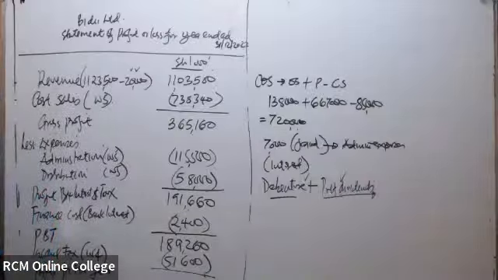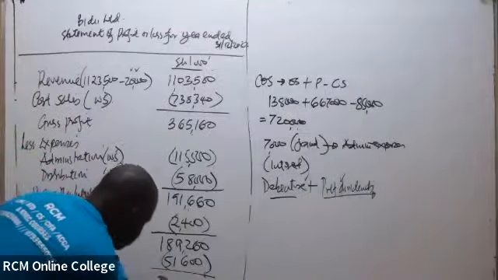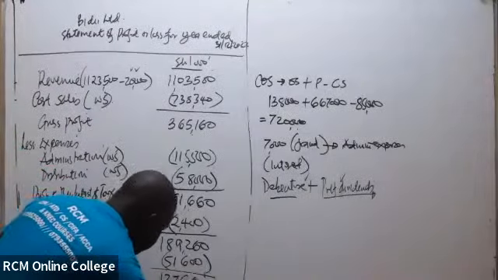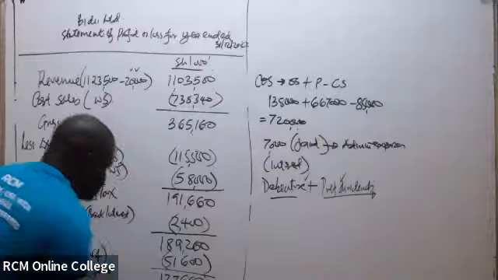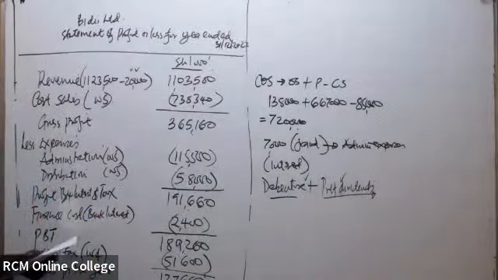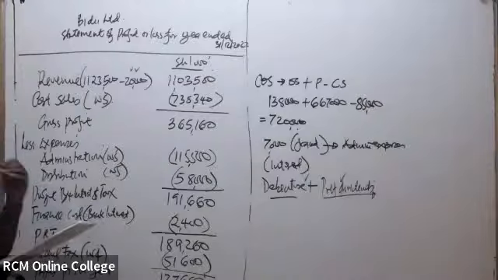You're getting 137,660. So that is the profit for the year, the profit realized for the year.